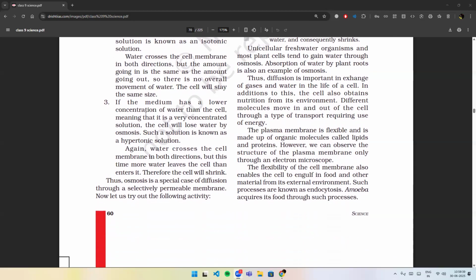The cell will stay the same size. If the medium has a lower concentration of water than the cell, meaning that it is a very concentrated solution, the cell will lose water by osmosis. Such a solution is known as a hypertonic solution.